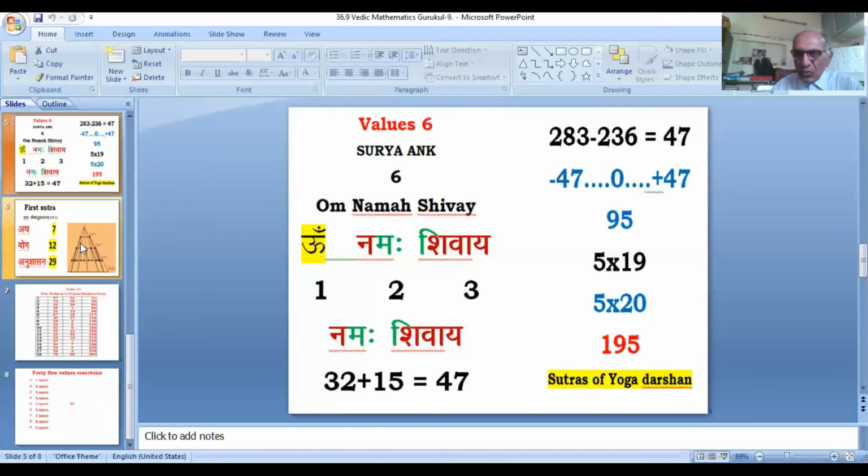Patanjali Yoga Darshan scripture is of the range of 195 sutras.